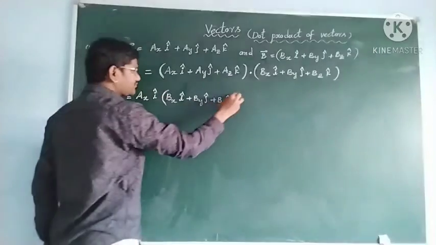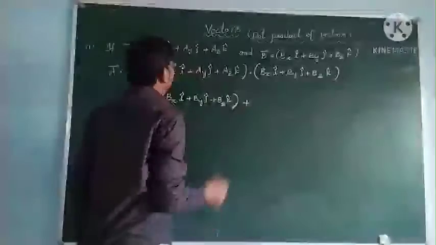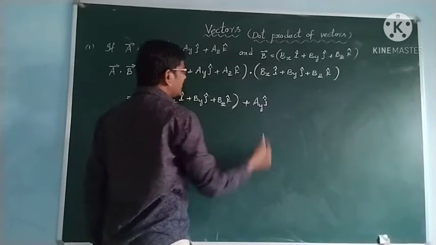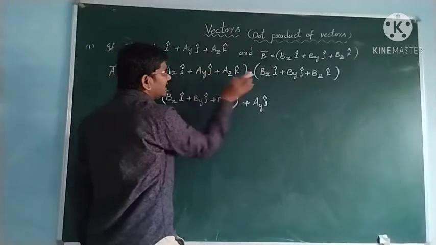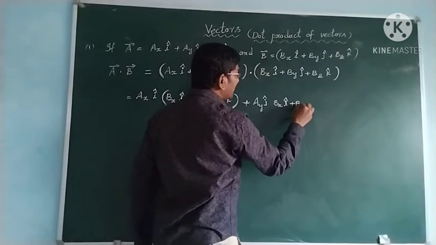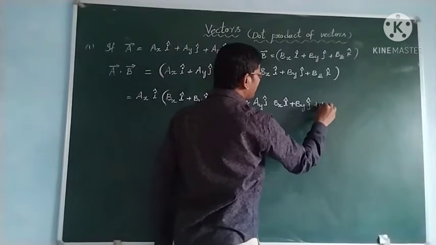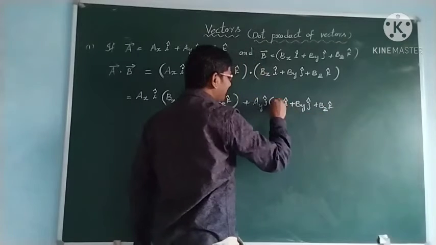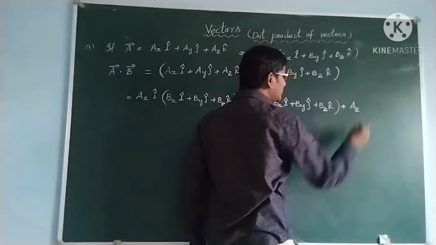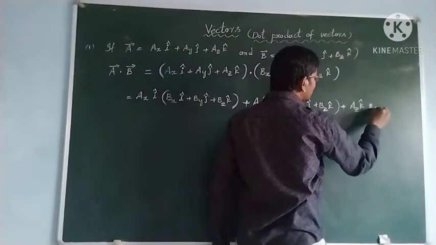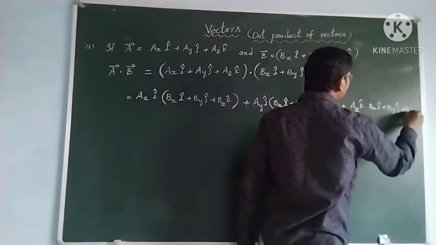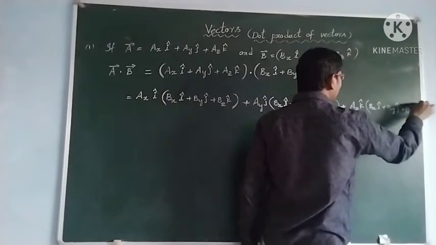Plus Ay into J cap, with this Ay into J cap we should multiply all of them: Bx into I cap plus By into J cap plus Bz into K cap. Plus, what will you write, students? Az into K cap, so Bx into I cap plus By into J cap plus Bz into K cap.